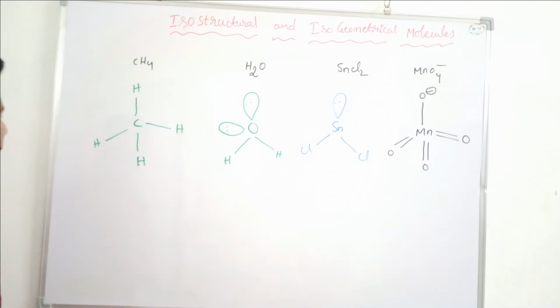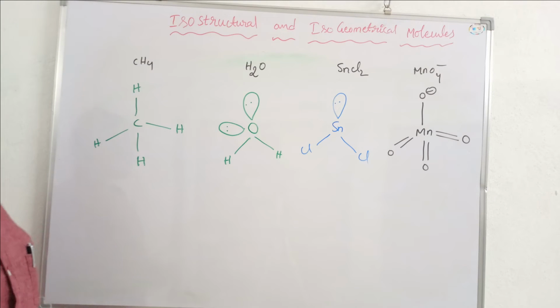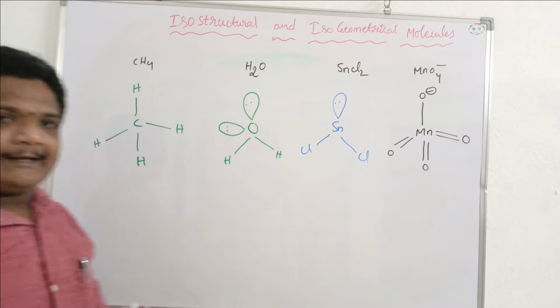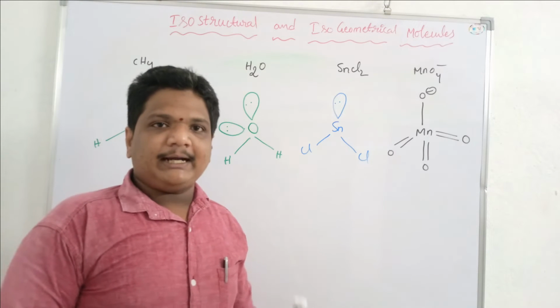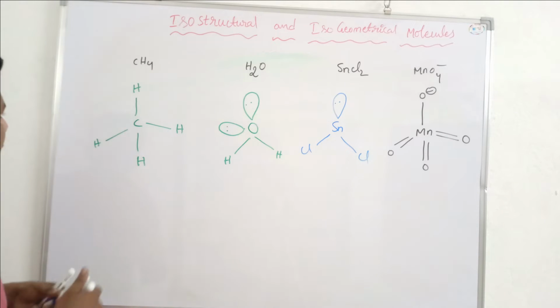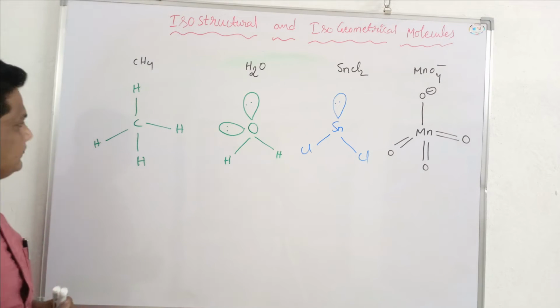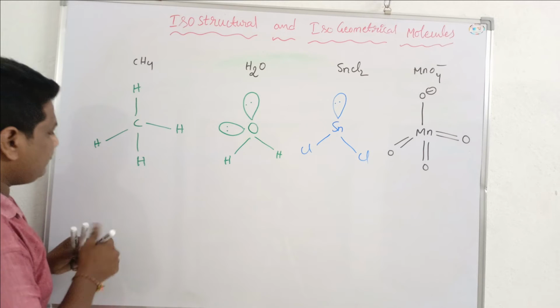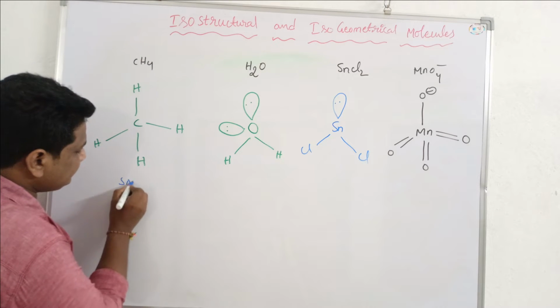Now let us see the steric number of these molecules. Steric number means the number of sigma bonds plus the number of lone pairs present in that molecule. In CH4 we have 4 sigma bonds, so the steric number is 4.